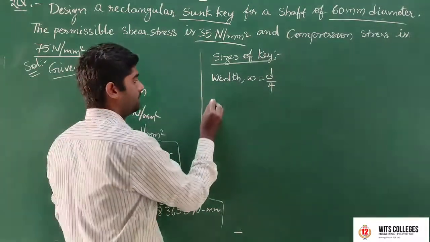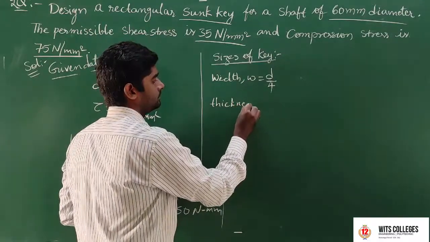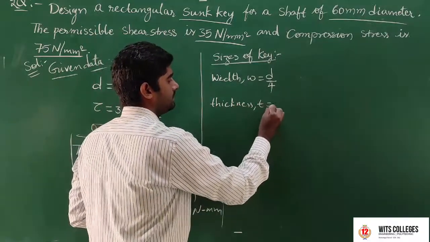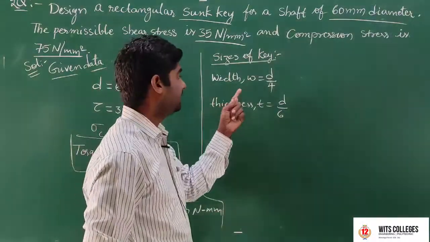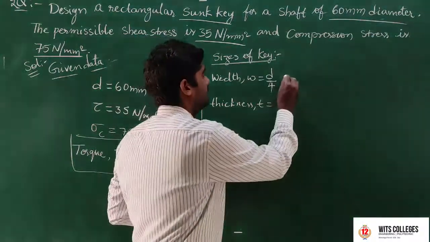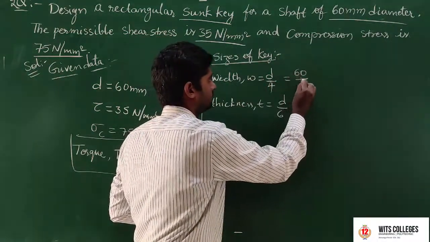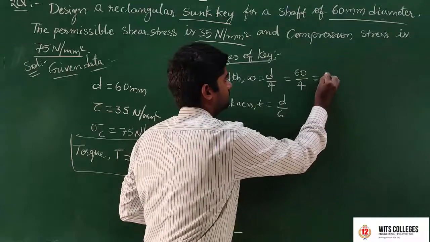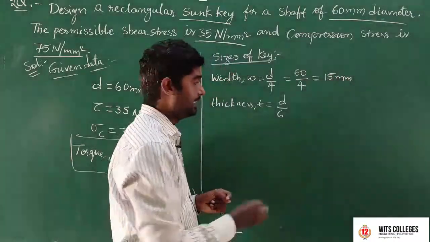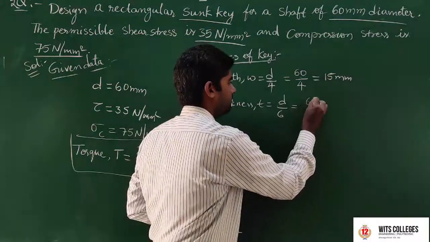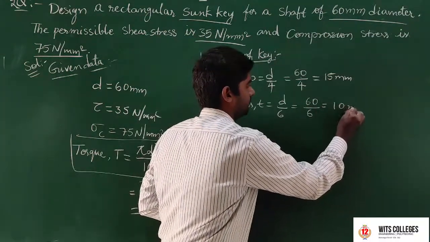Thickness is denoted by T and is equal to D by 6. Using this, find out the W and T. W is equal to 60 by 4, which is 15 mm. Next, T is equal to 60 by 6, which is 10 mm.